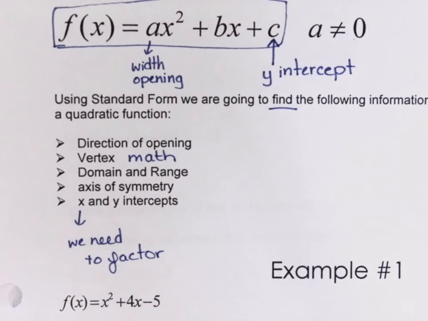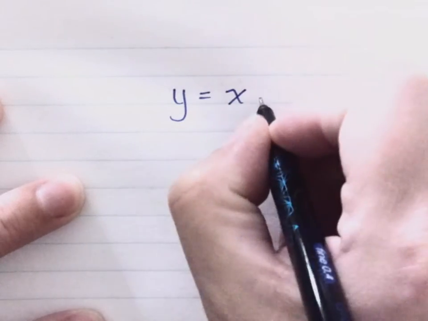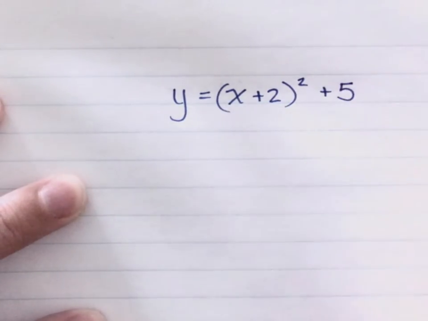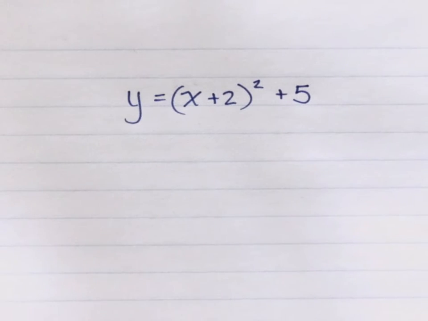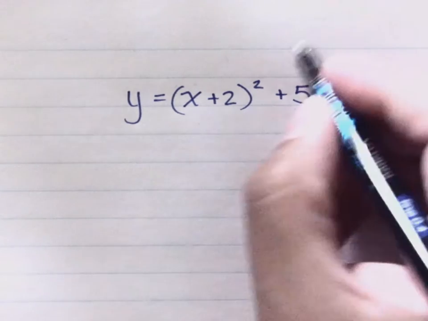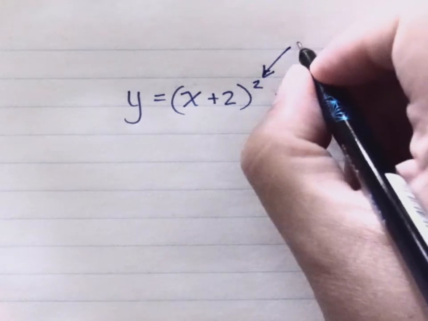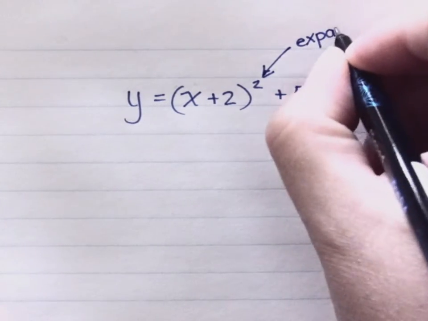I got a question for you. How do I change that into standard form? What does that squared tell me to do? Okay, hold on.